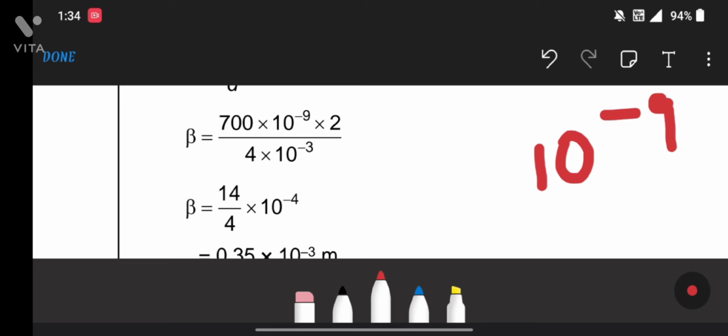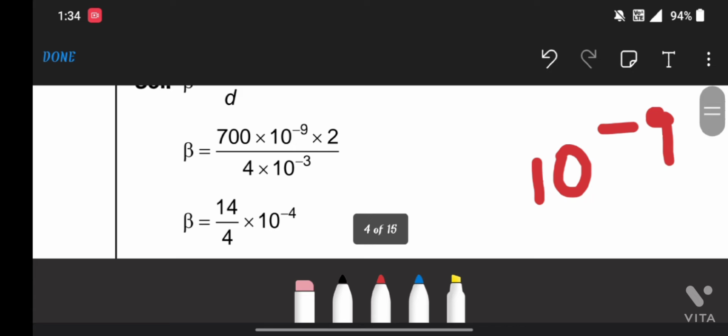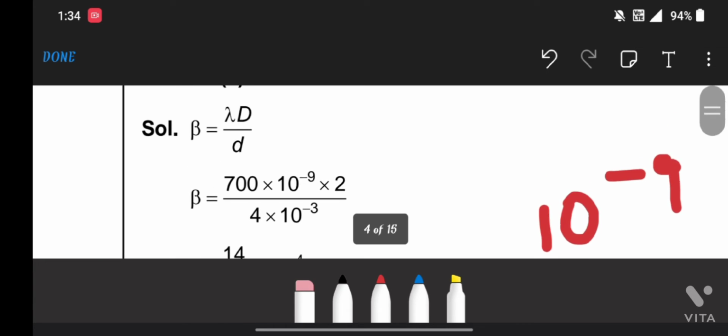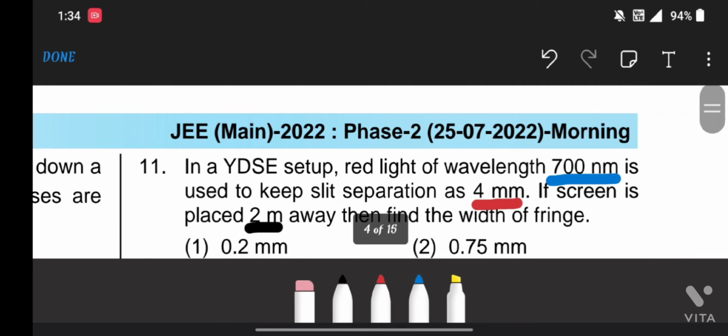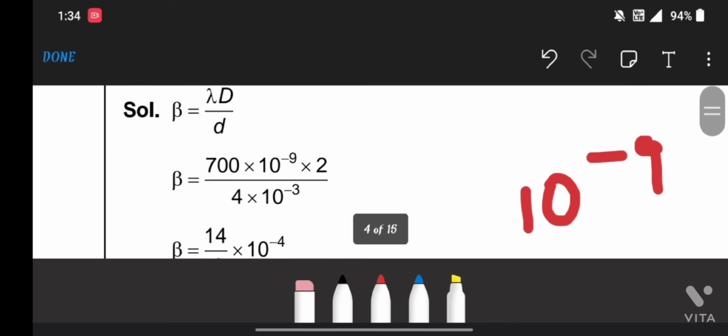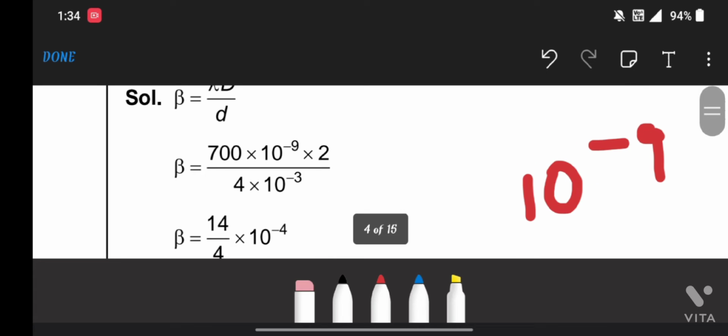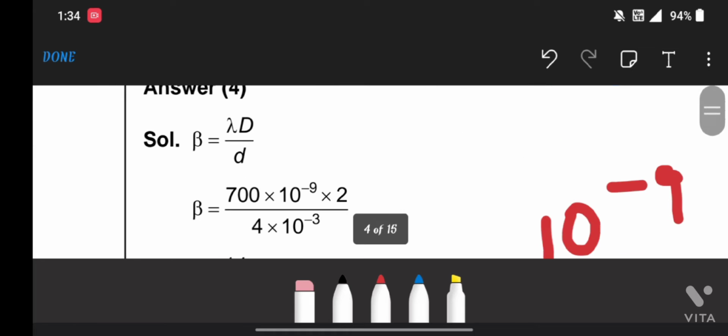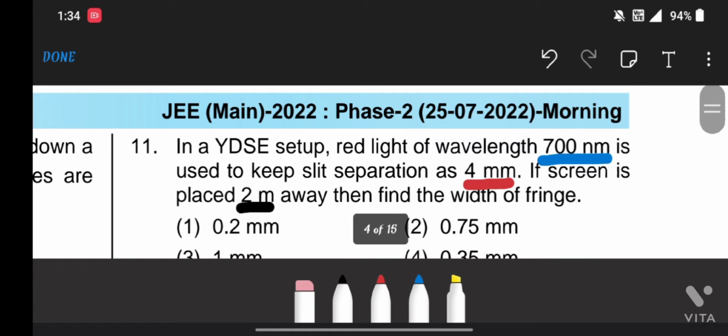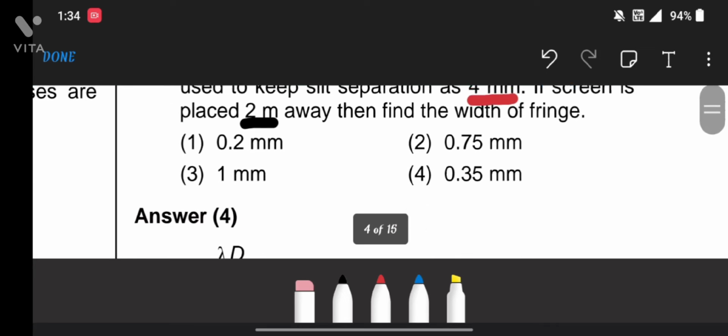Screen is placed 2 meter away, so that is the bigger D. So it is 2 by 4 into 10 to the power minus 3, because we have to convert into meter.